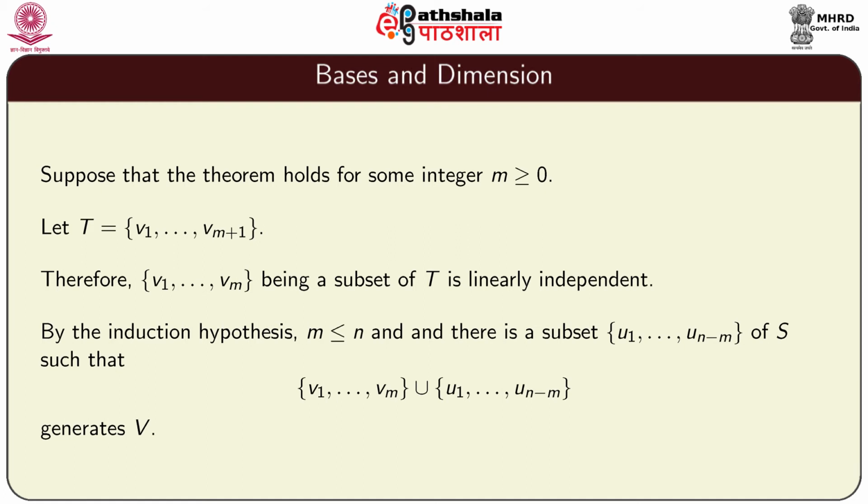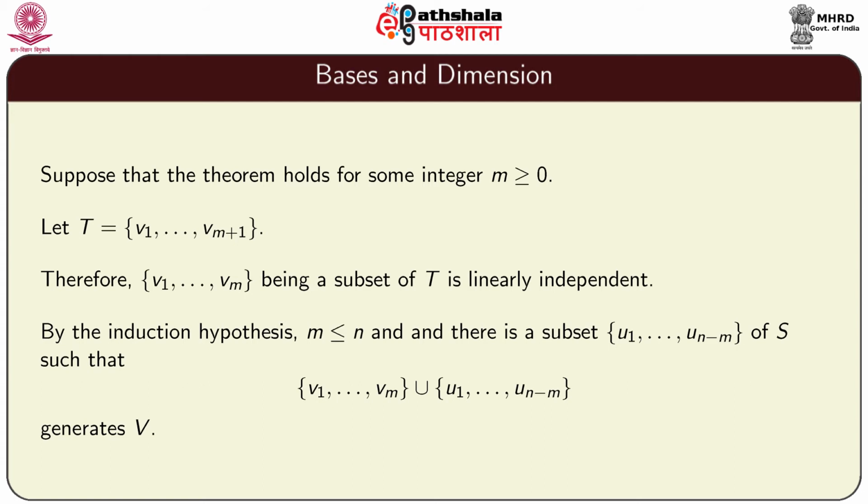Now, the induction hypothesis says that we assume the theorem holds for some integer m bigger than or equal to 0. And now, we prove that this statement is true for the integer m plus 1.